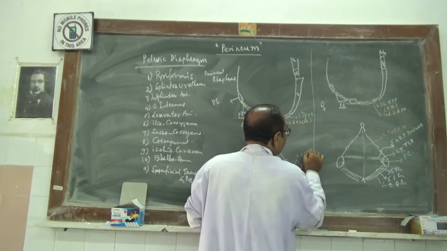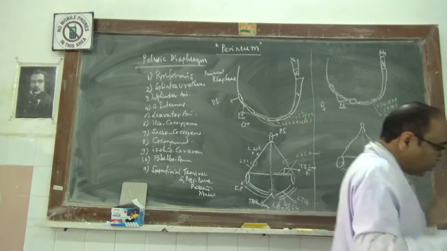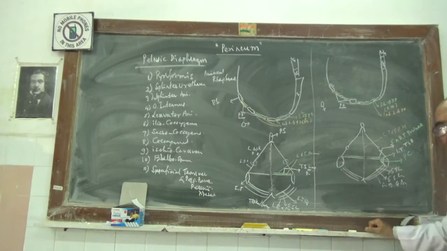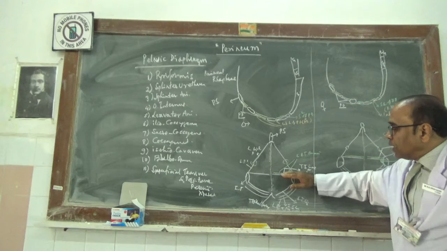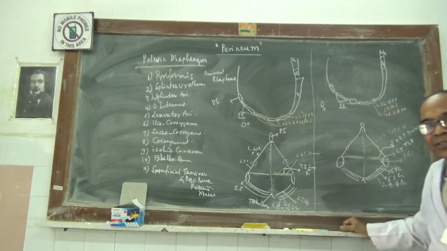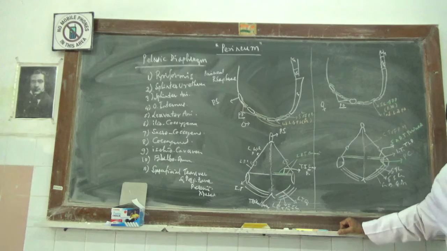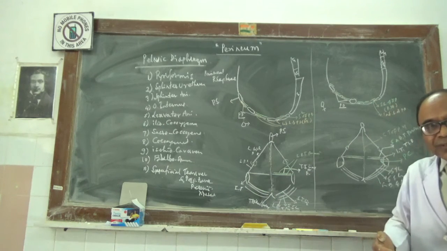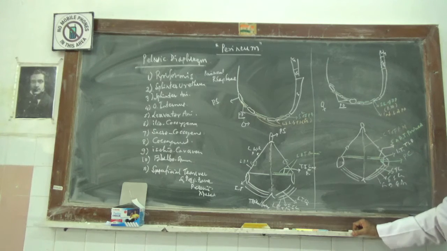So now you will get totally two triangles. One is in front and above this trans-ischial line, and another triangular space is present behind and above this trans-ischial line.